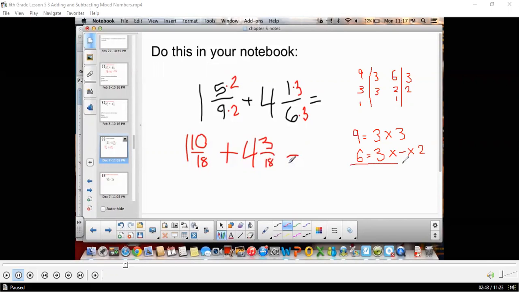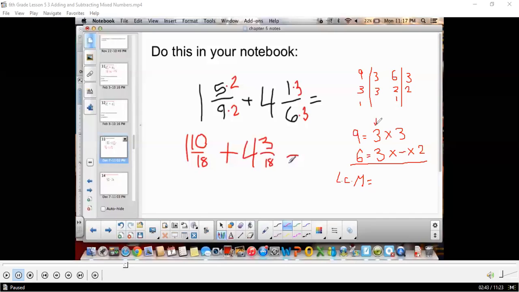Then I'm going to calculate the least common multiple. For the least common multiple, you are going to choose one from each column.